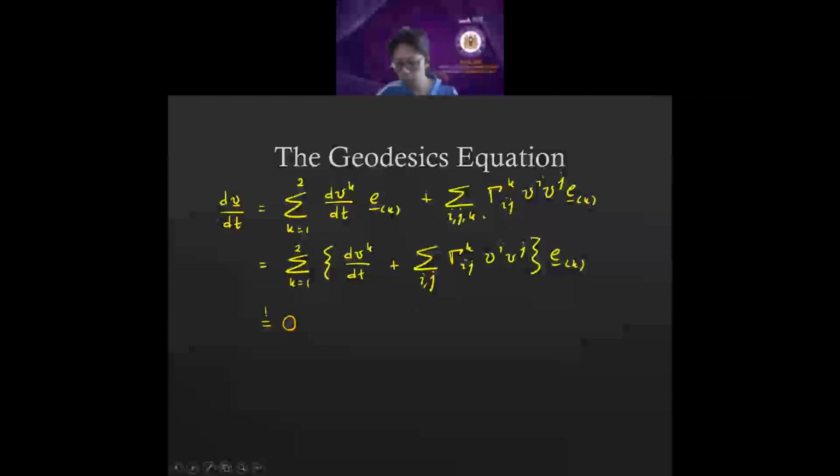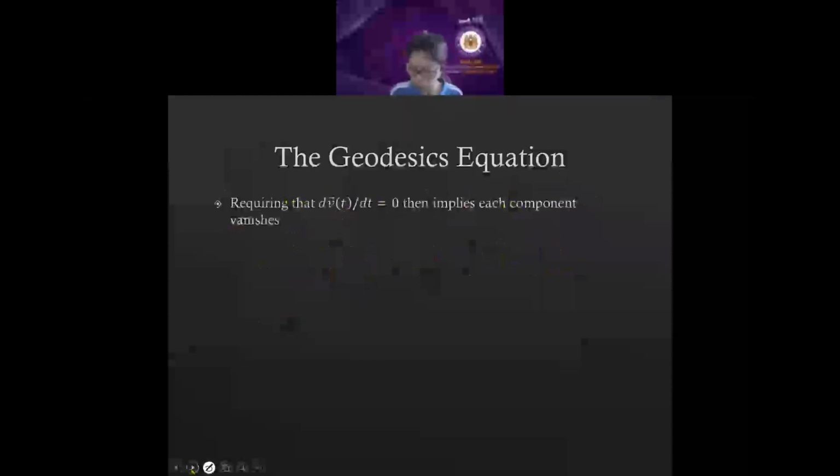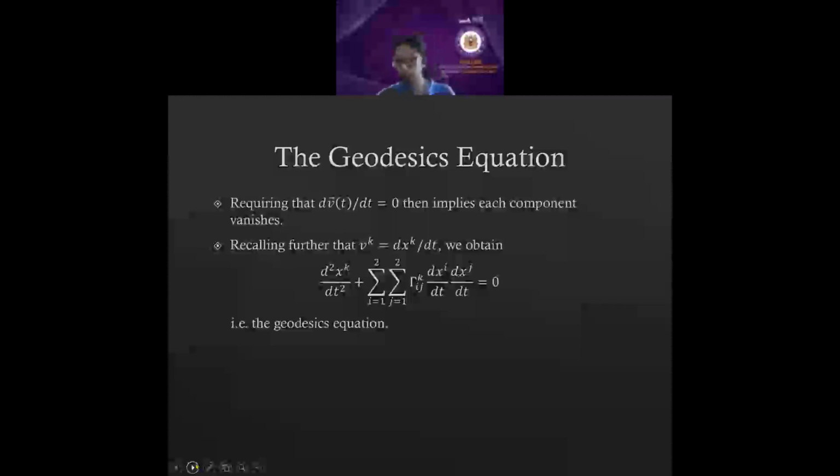If you look at this one, in order to proceed, you should recall that v^k by definition in our construction is equal to the derivative of the coordinate with respect to time. And so we obtain this equation, which is the geodesic equation.